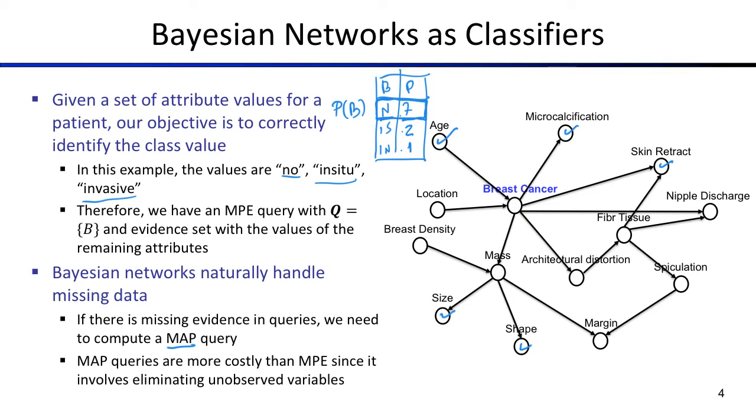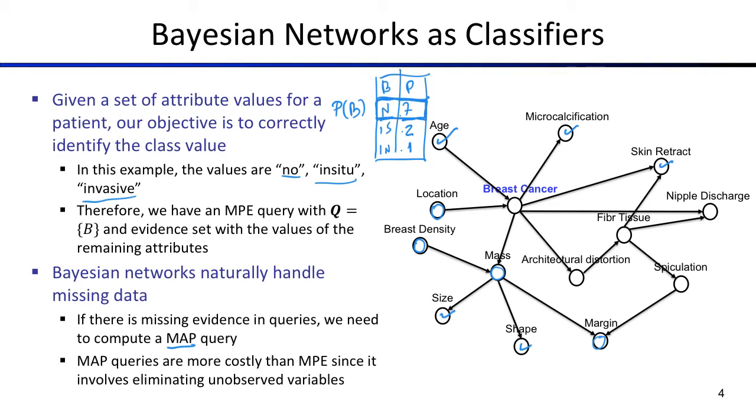MAP stands for maximum a posteriori, and it allows us to have some nodes that are not observed, right? We will have to make a little bit more computation, because we have to eliminate those nodes by doing a summation process, and we will see how we do that when we discuss inference. And also there will be a lecture specific to discussing algorithms for MPE and MAP inference.